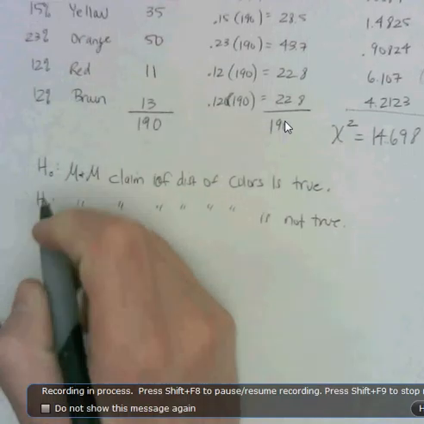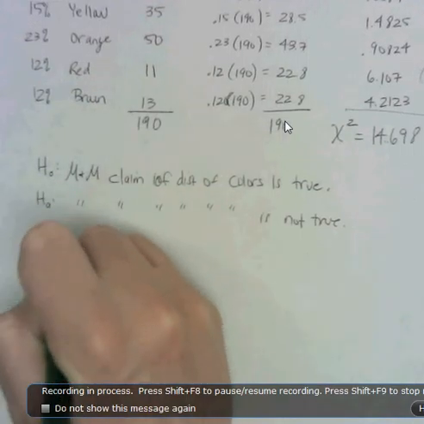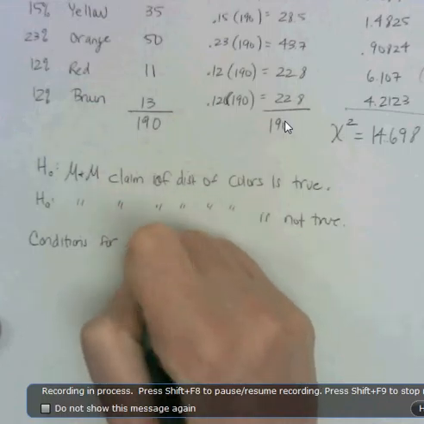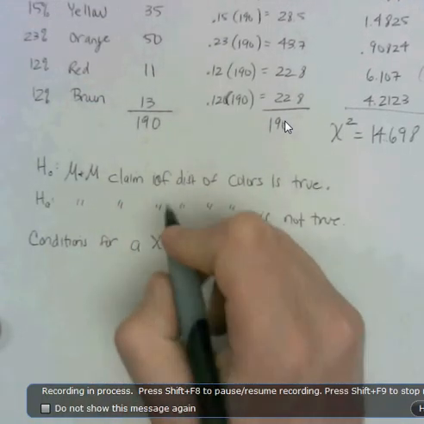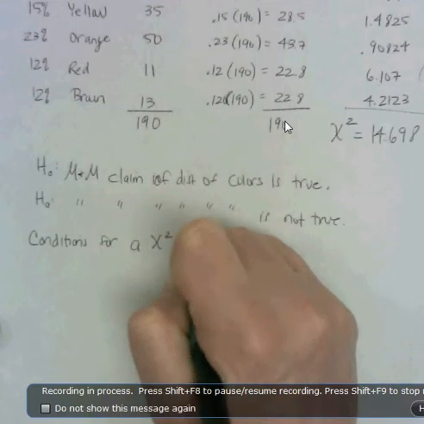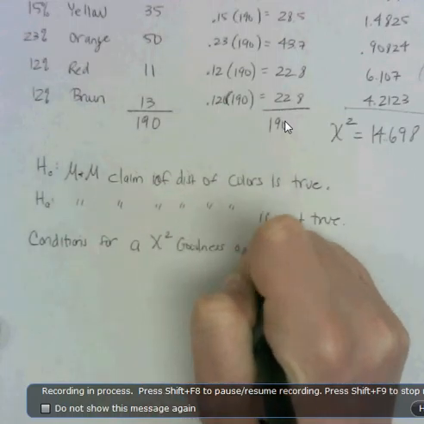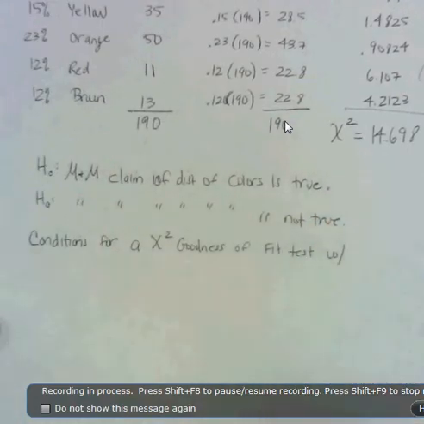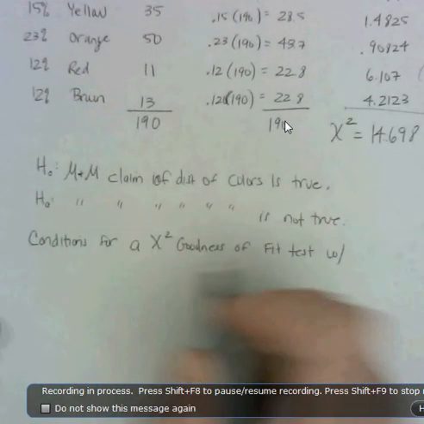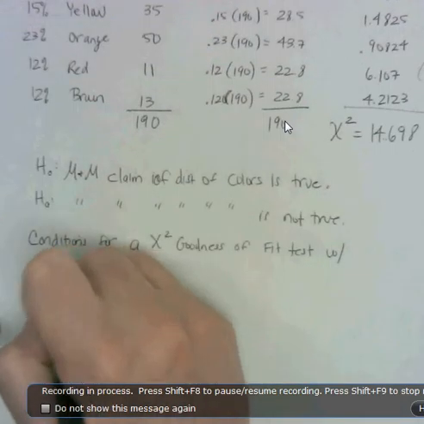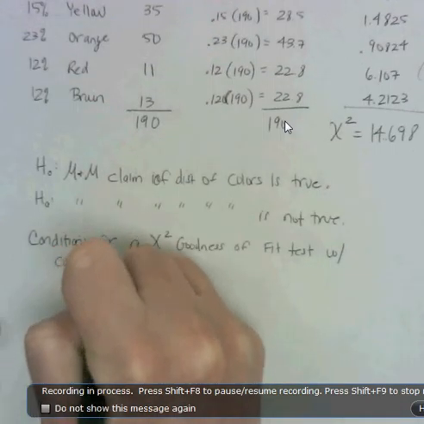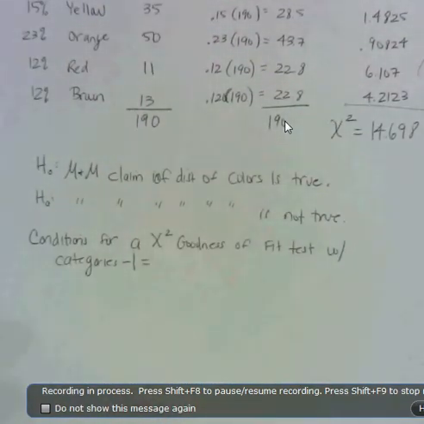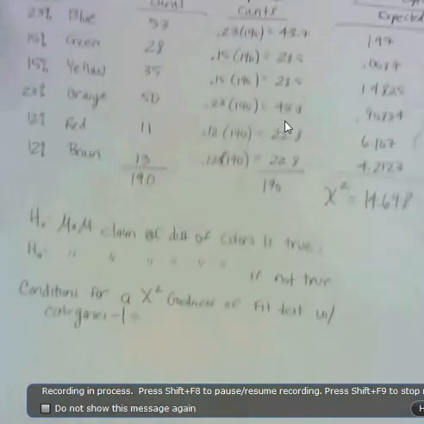So we're going to write conditions for a chi-square goodness of fit test with, and we do have degrees of freedom, and it's categories minus 1. So the categories that we have are up here.